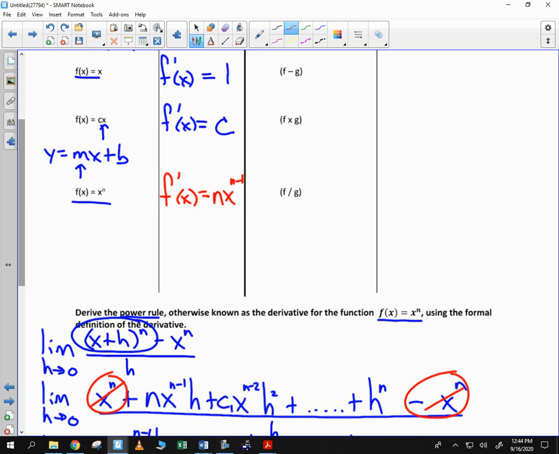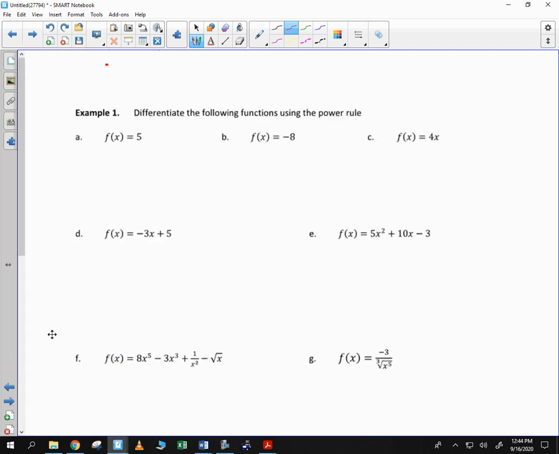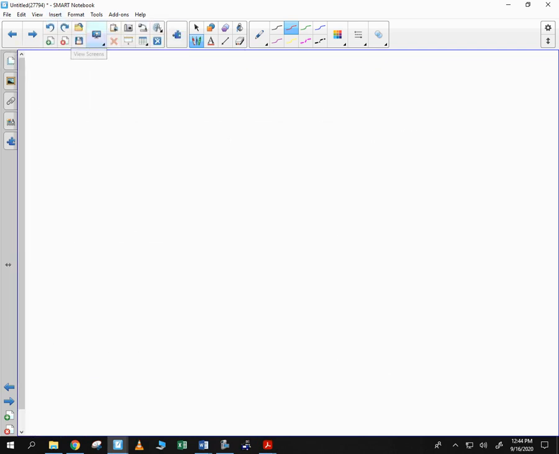And this is absolutely awesome. And here's why. I'm going to give you an example here. Suppose that the function is equal to, say, 8x. I'm sorry, x to the 8th.